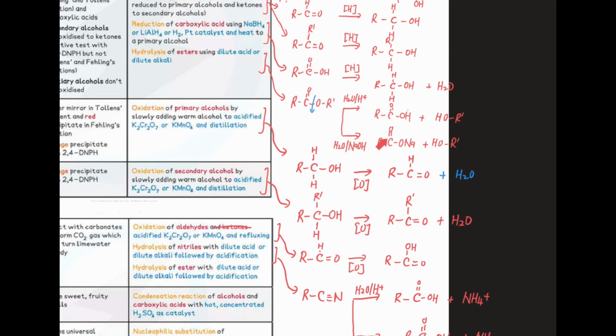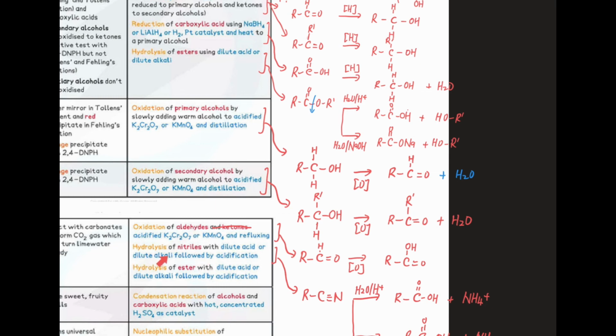Okay, so use alkaline, then you will get this. So if you get this, then you have to add acid. You add acid, then that will reform the carboxylic acid.